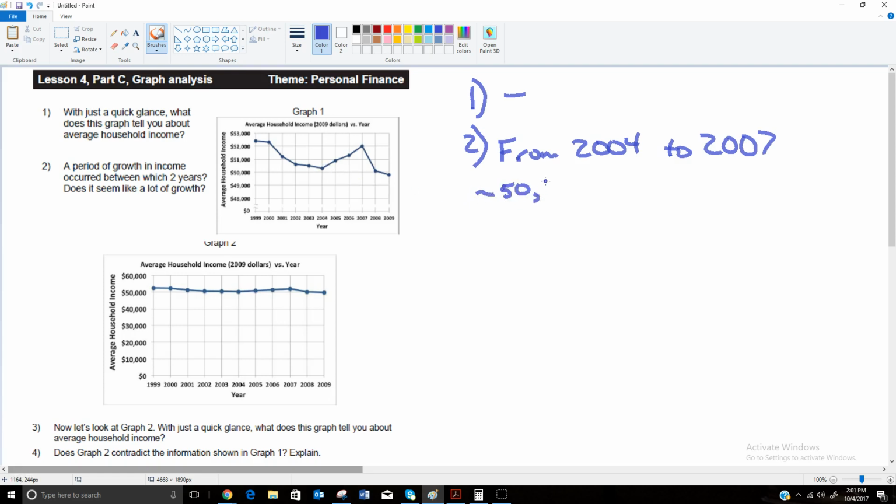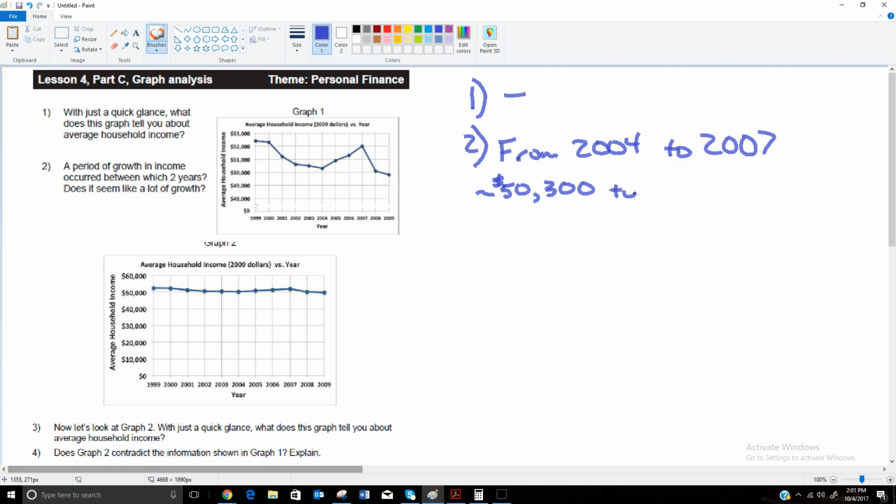You can't get exact because this line is only labeled at 50,000 and 51,000. In fact, 50,300 might be a little high, but we'll go with it. Just don't say 50,500. Just because it's between these two doesn't mean it's 50,500. It's lower than that. 500 would be right in the middle. And definitely don't say something above 50,500.